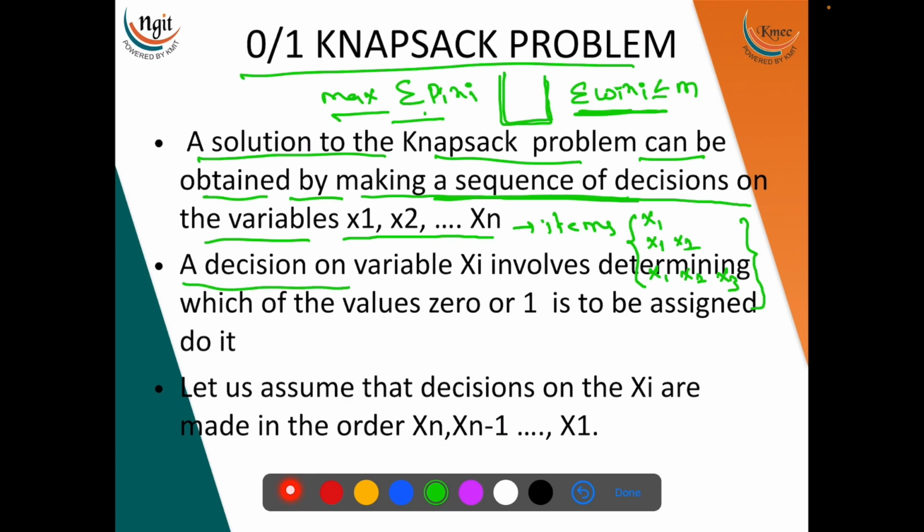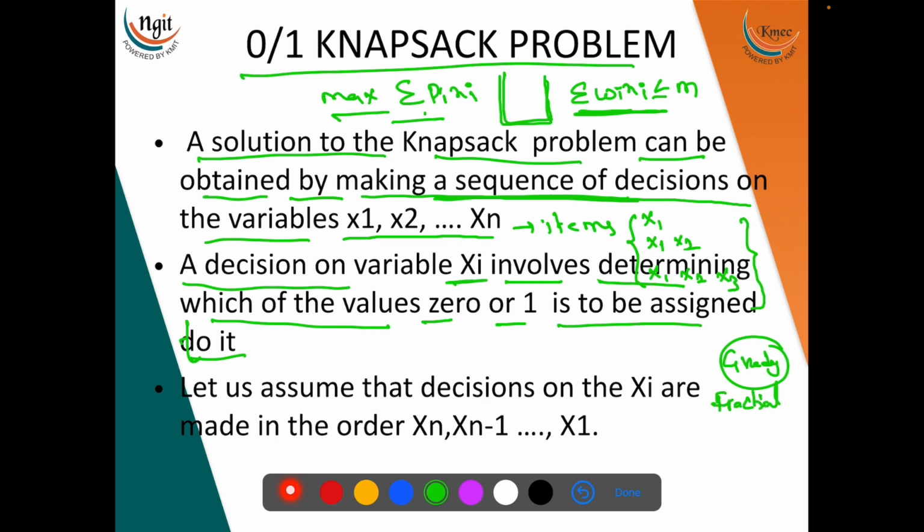A decision on variable xi involves determining which of the values 0 or 1 is to be assigned to it. That means we cannot place half an item, the way we did in the greedy method.